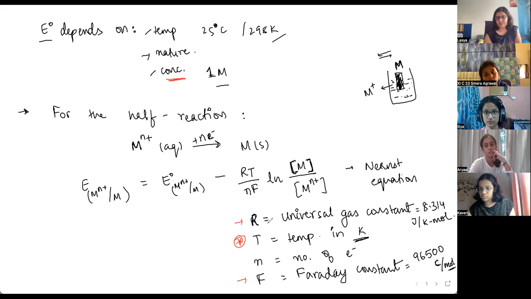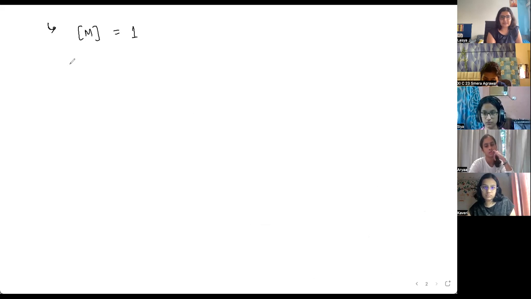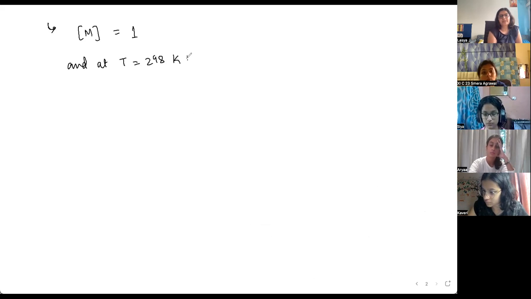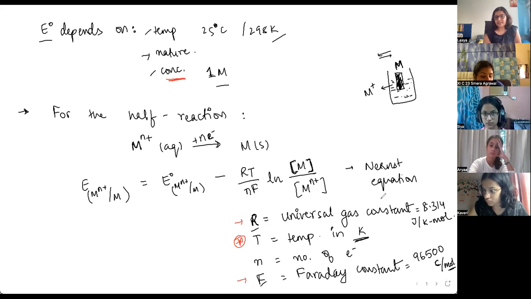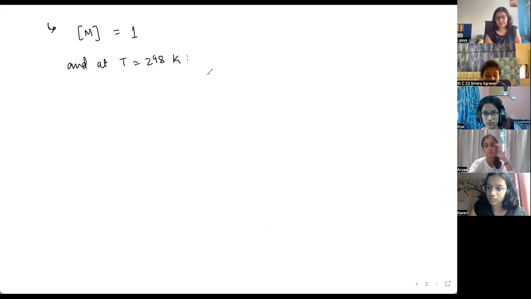Others, as I've said, like we saw, R and F are constants. So if we also take temperature equal to 298 Kelvin, and another thing is that here it is the natural logarithm. If you convert that into the regular logarithm to the base 10, multiplied by 2.303 and all that, there's a modified version that you can use for your regular calculations.